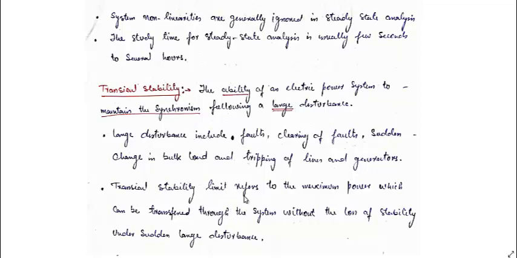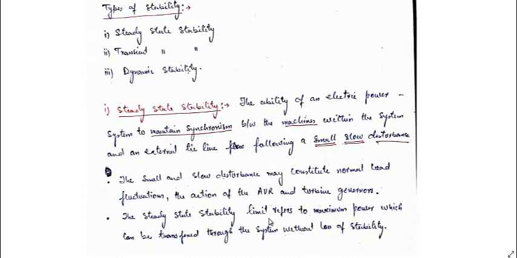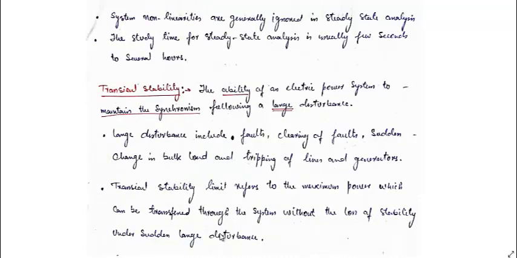Again, the transient stability limit refers to the maximum power which can be transferred to the system without a loss of stability under certain large disturbance. Like we have the steady state stability limit, which is the maximum power that can be transferred without losing the stability, we have the transient stability limit, that is the maximum power that can be transferred when the power is changed simultaneously, not slowly or in small amounts.